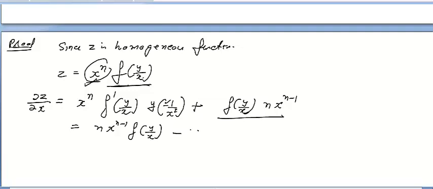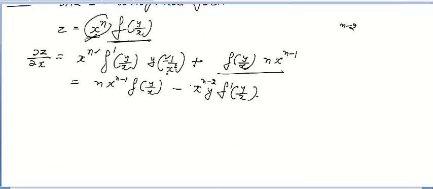You know there is x square here and x power n, so when you subtract you get x raised to power n minus 2, and you have y also, and f'(y over x). So you will get this one.